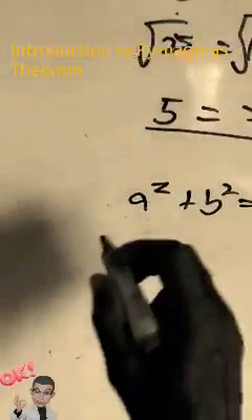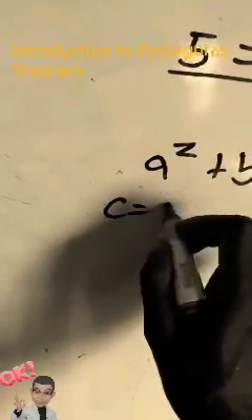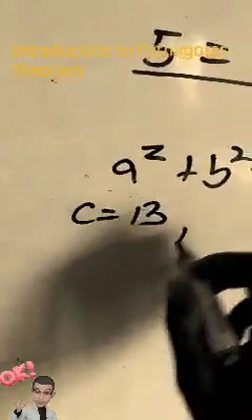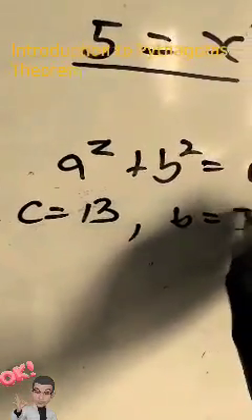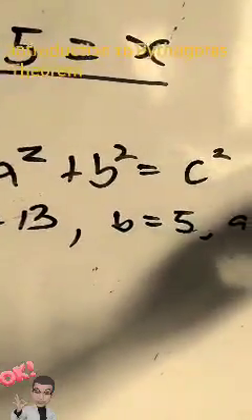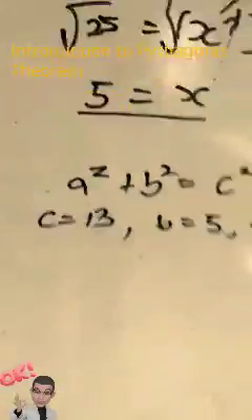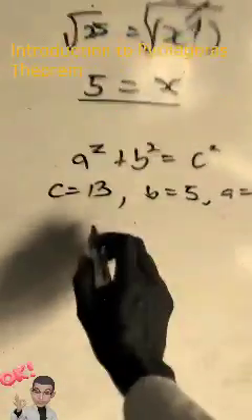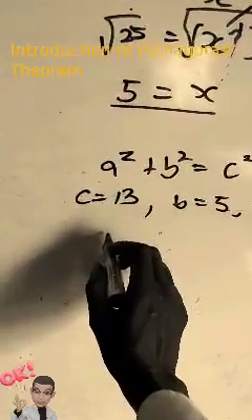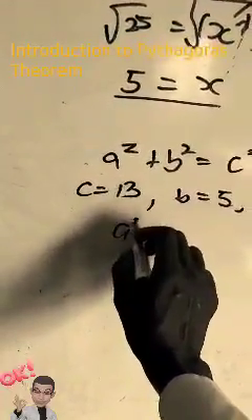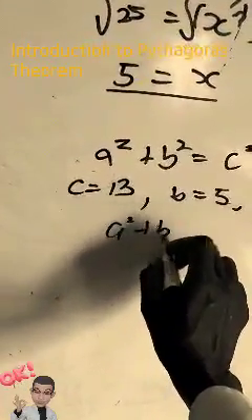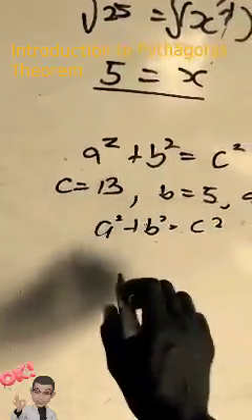In this case, our hypotenuse is 13, and one of the sides, let's say B, is 5, while we're looking for A. So we apply the theorem, such that A squared plus B squared is equal to C squared.